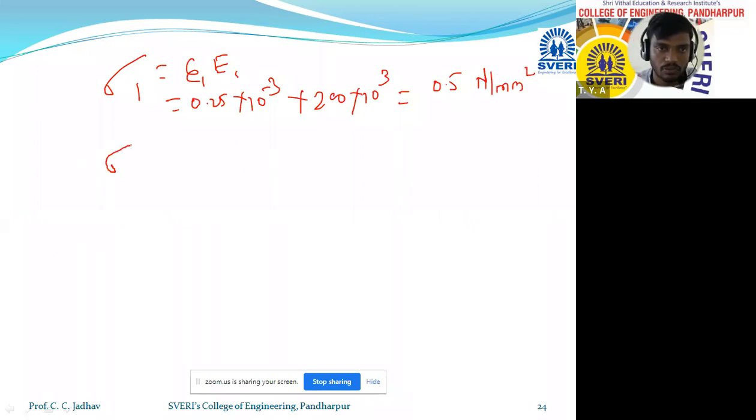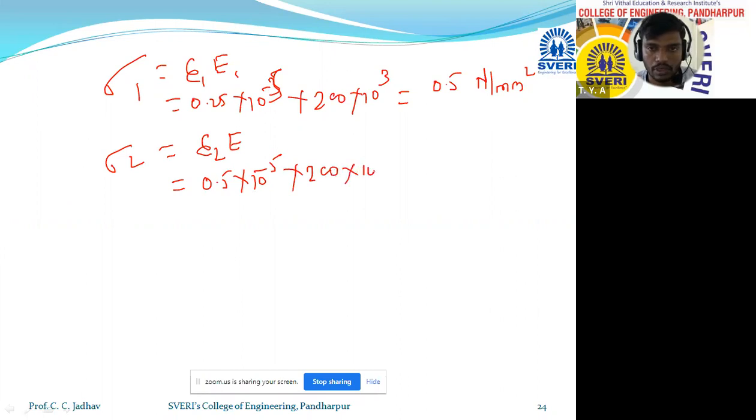Sigma 2 from element 2 is strain 2 into Young's modulus, that is 0.5 into 10 raised to minus 5, then into 200 into 10 raised to 3. So we'll get only 1 Newton per mm square.